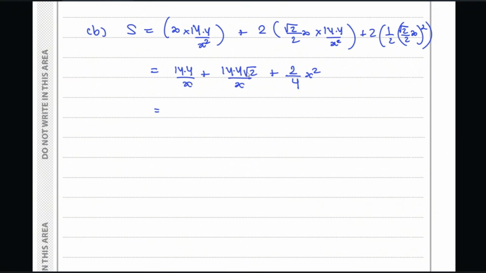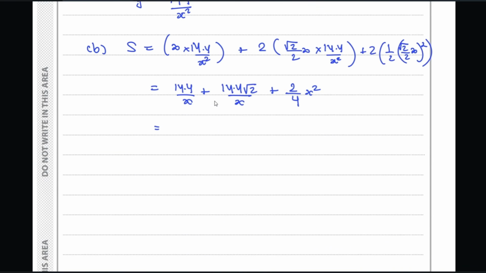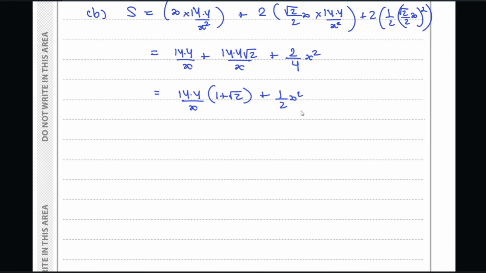So we can factorize 14.4 over x. What remains is 1 plus root 2 from the first two terms. And then the last term, 2 over 4, is just going to be half x squared. So to make it look like this, let's write half x squared as x squared over 2 plus. Now this one, 14.4, let's turn the decimal into a fraction with integers only.